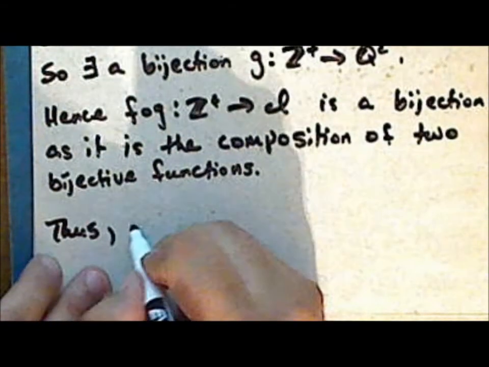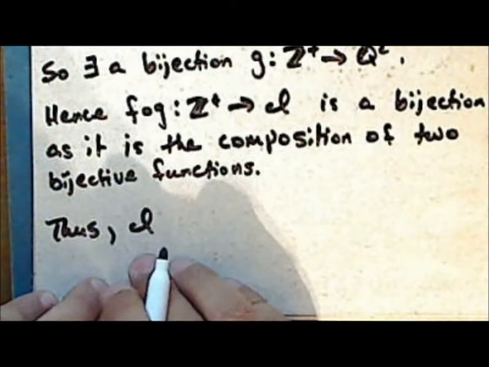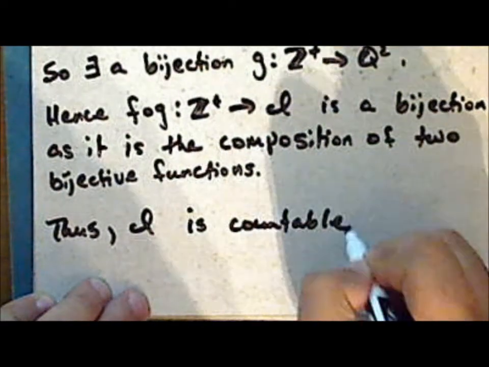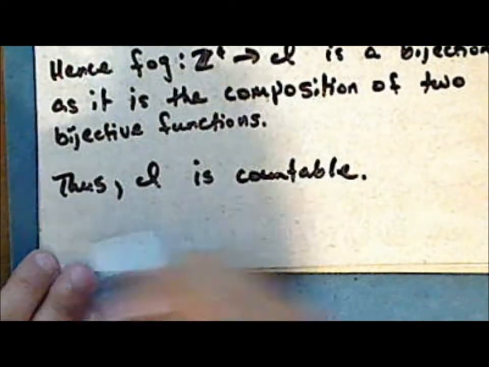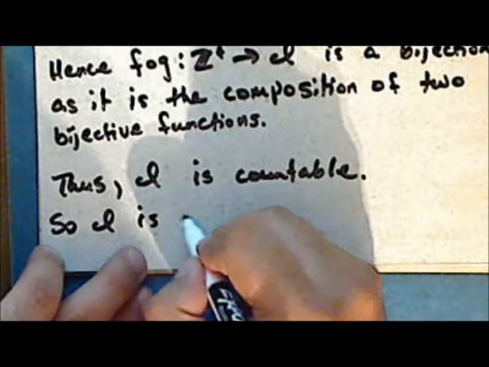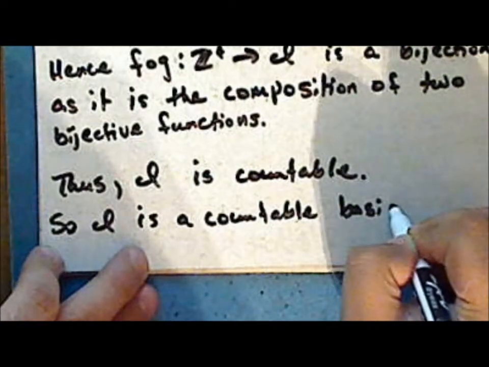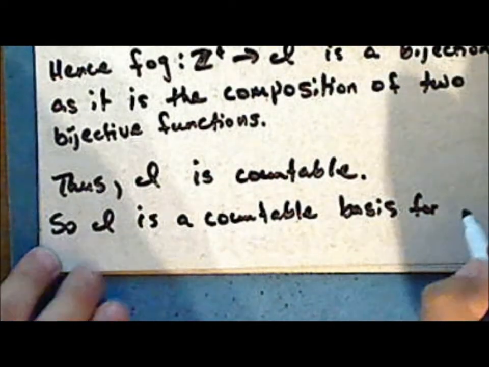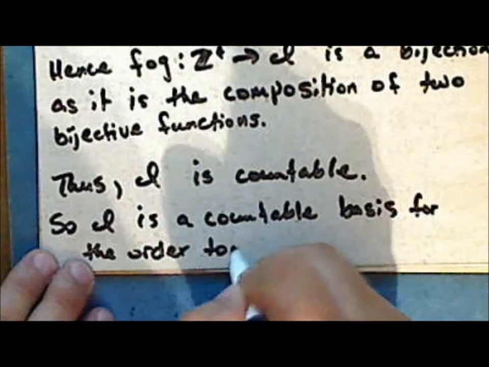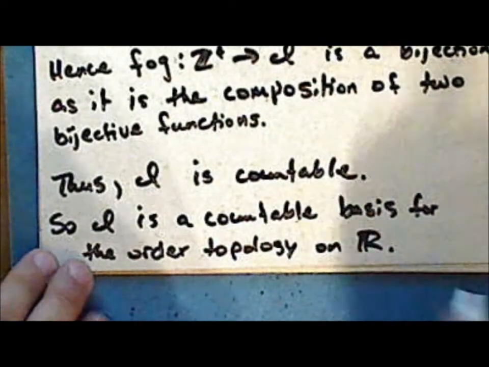And so the collection script I, consisting of open intervals having as its endpoints rational numbers, is countable. And so script I is a countable basis for the order topology on the real line.